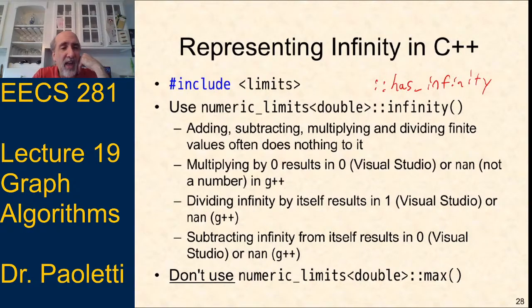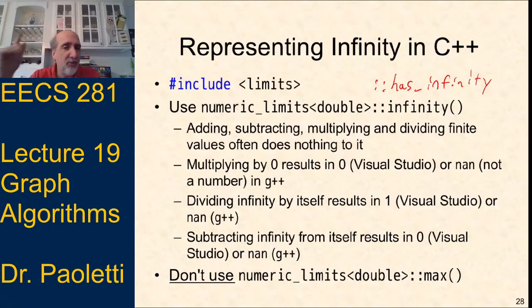If it says has_infinity is false, it still has infinity() with parentheses, but it's no different from max. So if you do numeric_limits<int>::infinity(), it's the same value as numeric_limits<int>::max(). It's 2 billion.